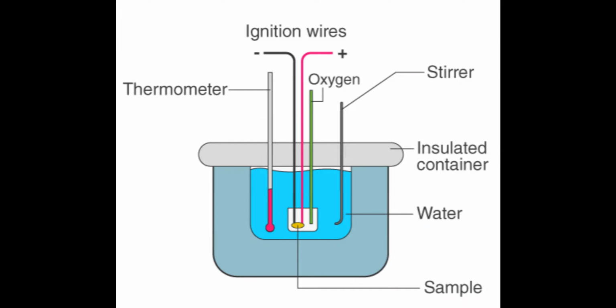By how much it rises will show how much heat the yellow body has given to the water. And in between there is a stirrer, so that the heat doesn't remain at one place and goes towards the thermometer side also. So this is how a calorimeter looks.